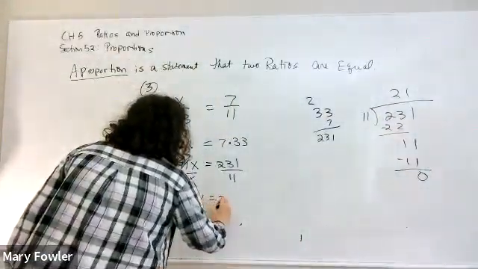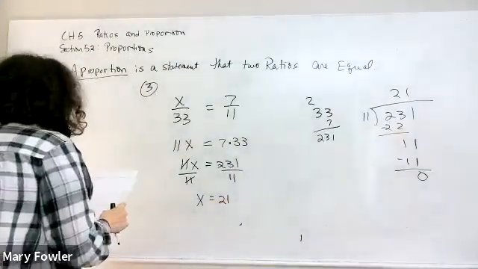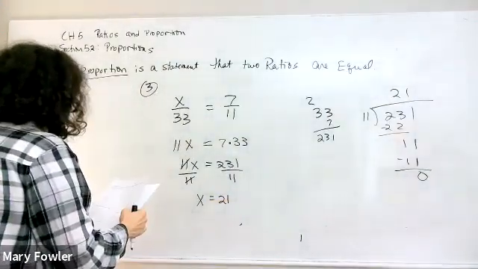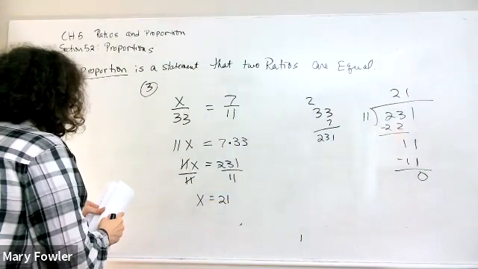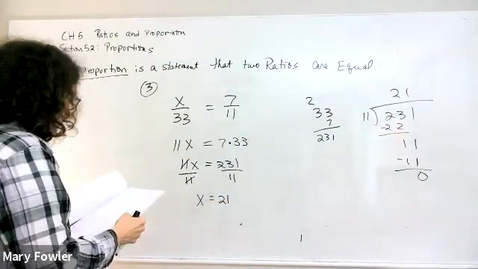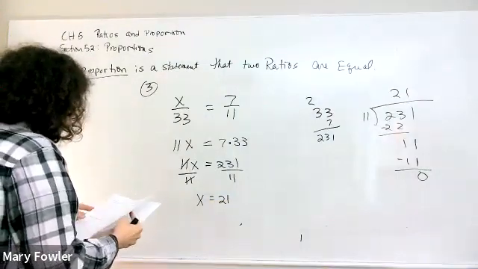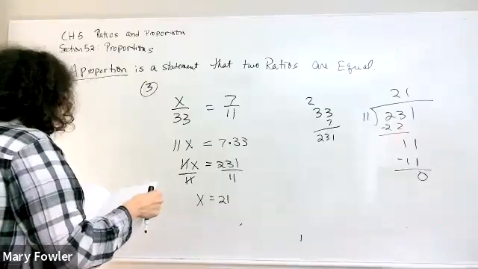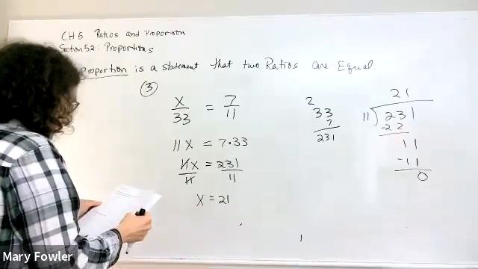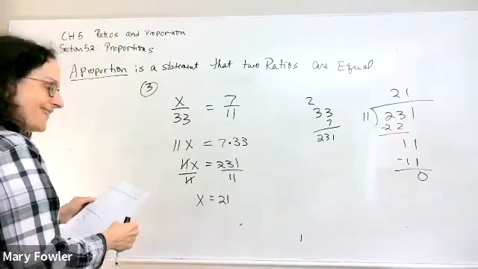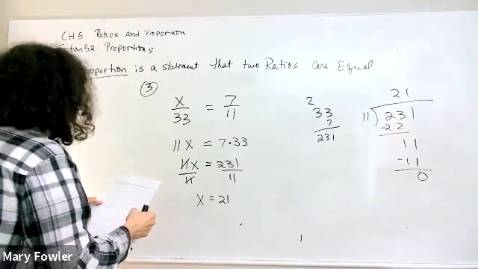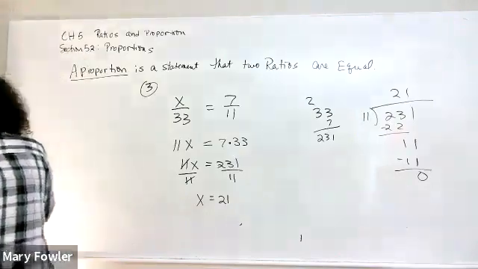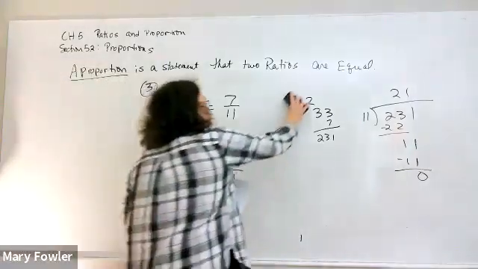So x is equal to 21. And we can check on the back that we got it right. It's particularly nice in this part of the learning to keep checking. Yep, 21. Okay. And so we're going to solve one more, and then you guys can do some problems on your own.